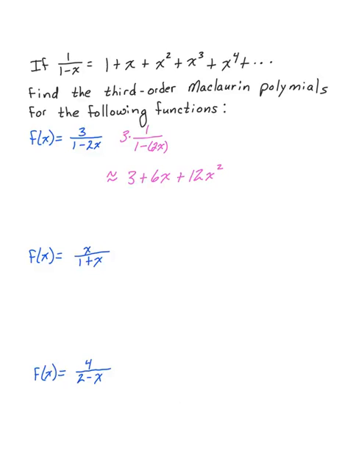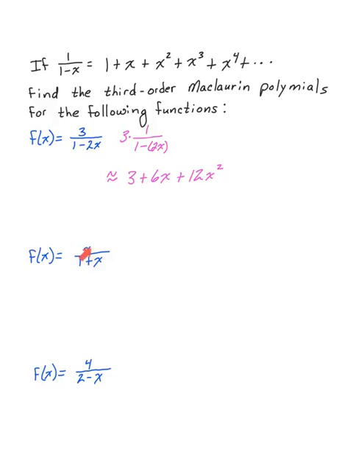Third order is a little bit different than a third degree. Third degree means we're looking for the degree to be 3. Third order means that we want 3 terms. All right, so this is a third order Maclaurin polynomial for this particular function.